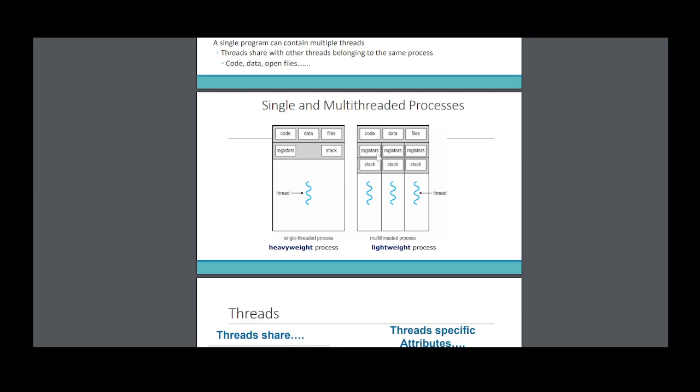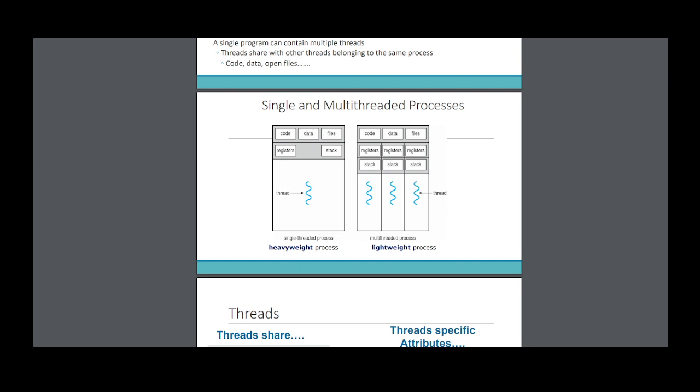But for multi-thread, this code, data, and files is shared. These resources are shared with multiple threads. And for each of those multiple threads, they have their own registers and stack.